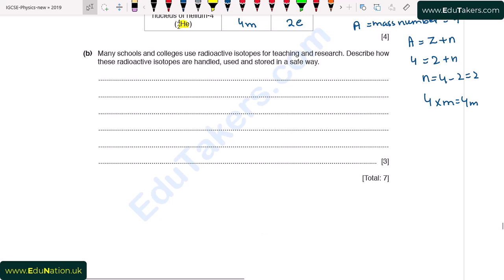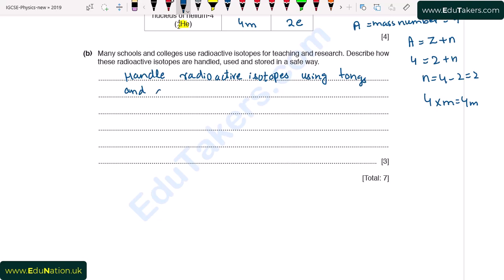We can handle these radioactive isotopes using tongs and gloves for a limited time.